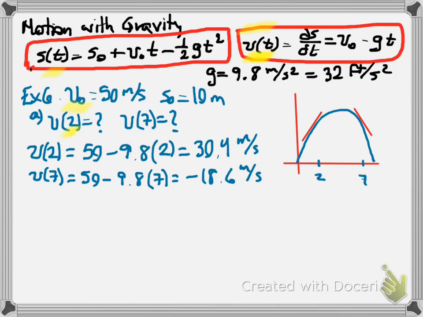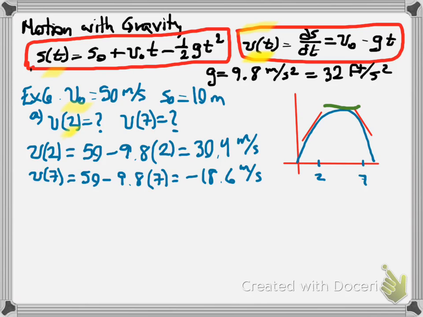Okay, let's go and do letter B. What is the stone's maximum height and when does it reach that height? So maximum height, remember we talked about that when a particular slope here equals 0.